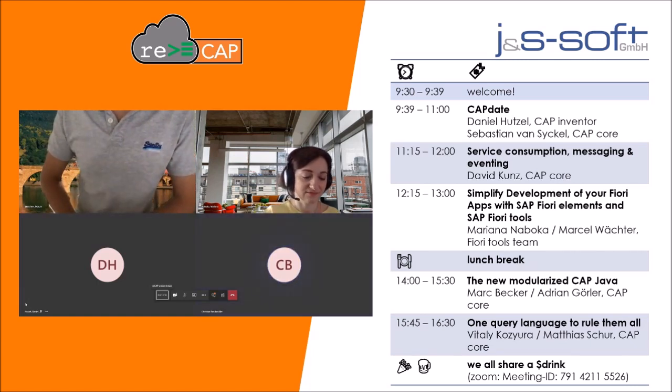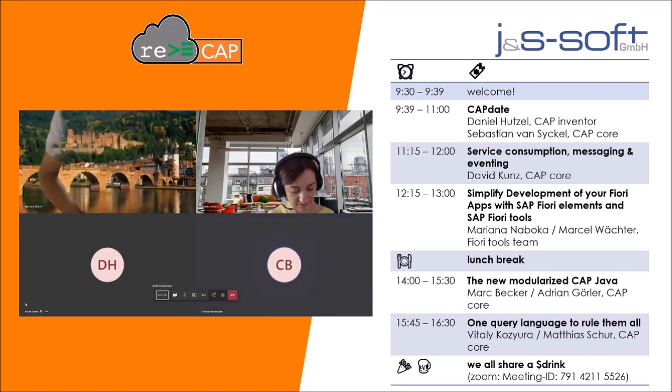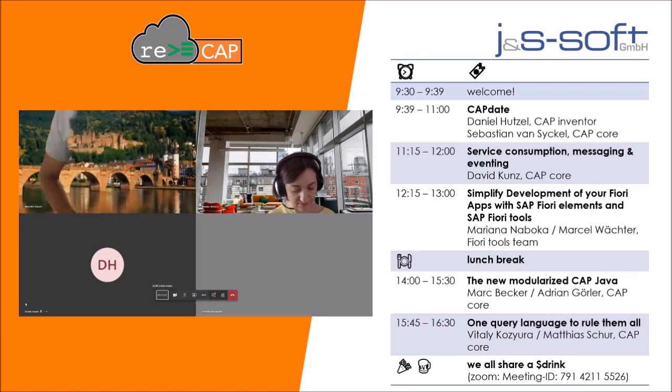This was just a standard table. We don't yet support analytical tables in the new V4 library. This is to come end of next year. Once we support the analytical table, we need an analytical service supporting $apply. But this is most likely something from the beginning of next year.